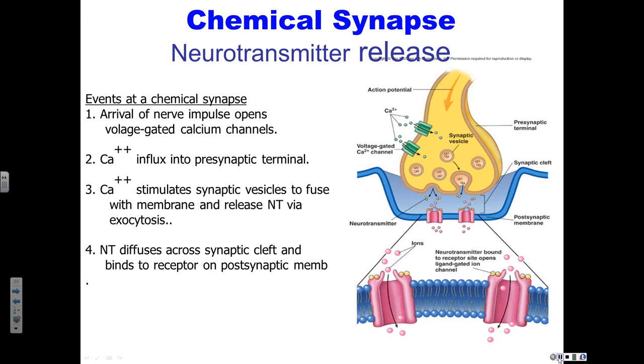When calcium rushes in, the vesicles fuse with the presynaptic junction and release the neurotransmitter. The neurotransmitter crosses the cleft and binds to a receptor or an ion channel. And in general, ion channels can be called receptors. And so we've gotten communication. This cell has told this cell by means of a neurotransmitter to do something.